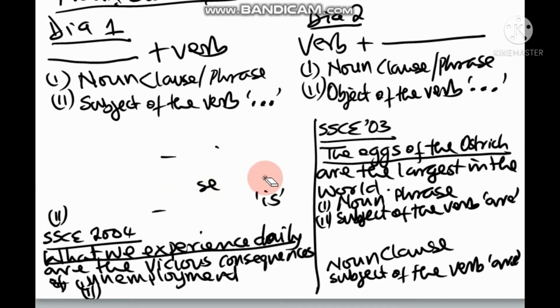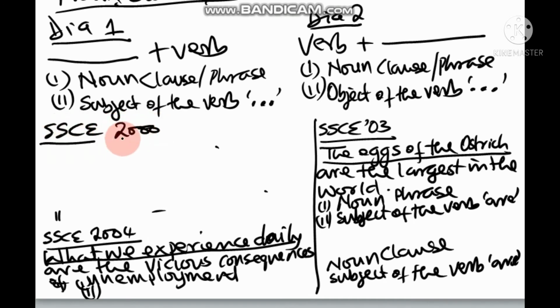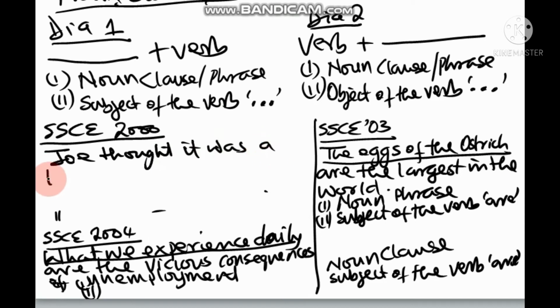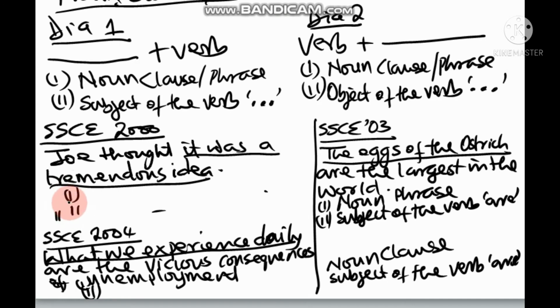In SSCE 2000, it says Joe thought it was a tremendous idea. They underlined it was a tremendous idea, and they asked us what is the grammatical name and what is the function.